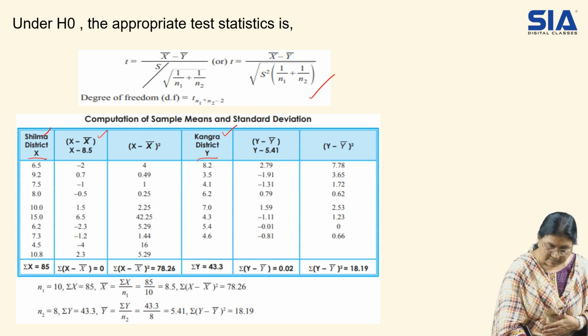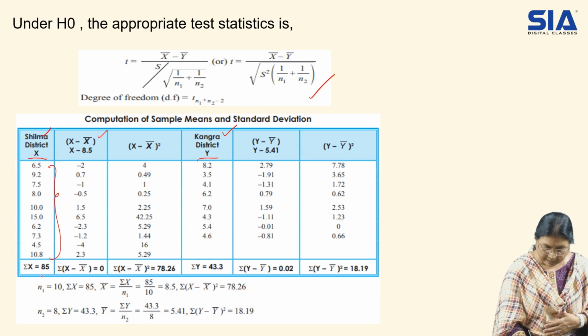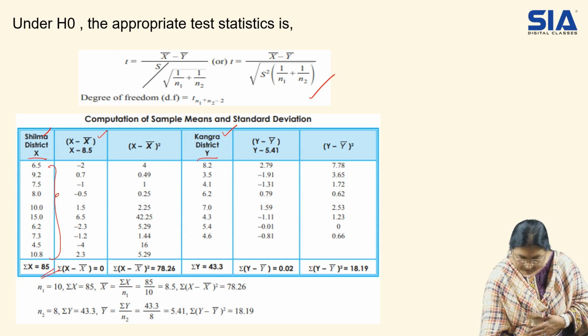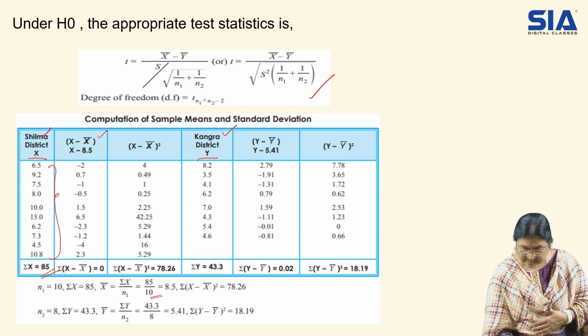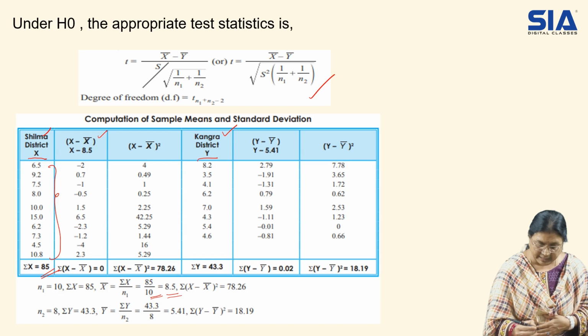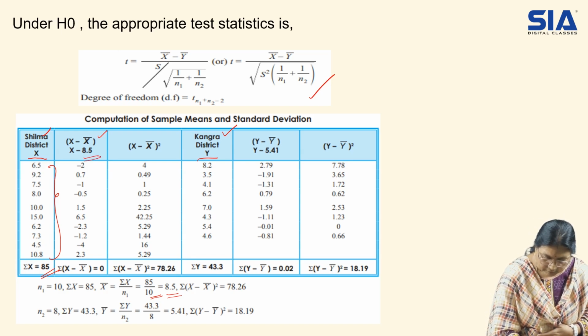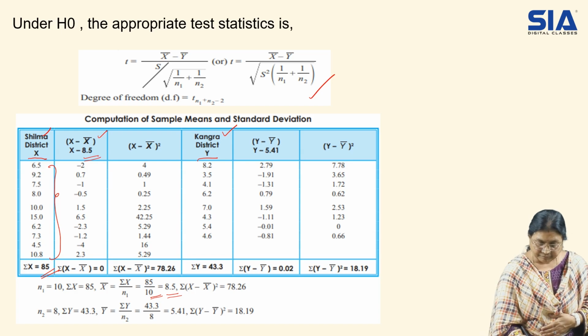The average is the sum of these X values. So sigma X is equal to 85. Then 85 divided by the number of observations, which is 10, gives the mean 8.5. So my average mean is 8.5. Now I am taking the difference, X minus X bar.